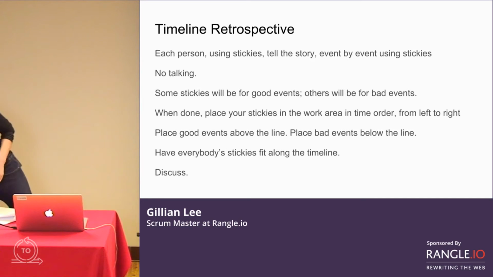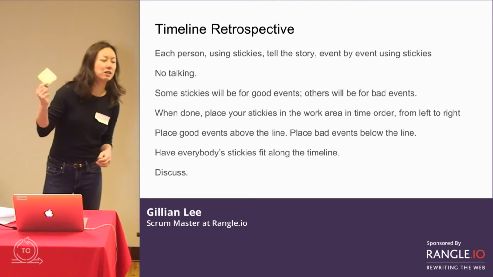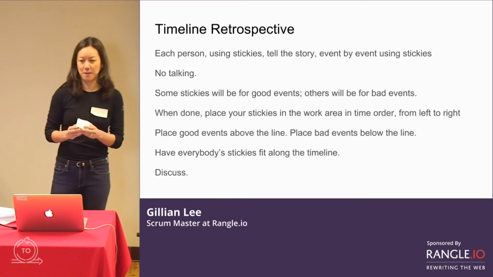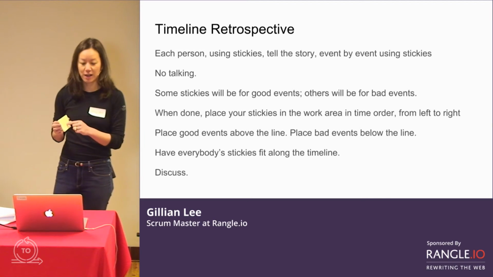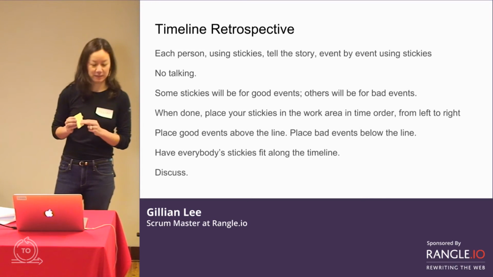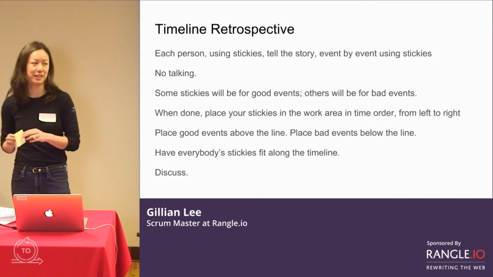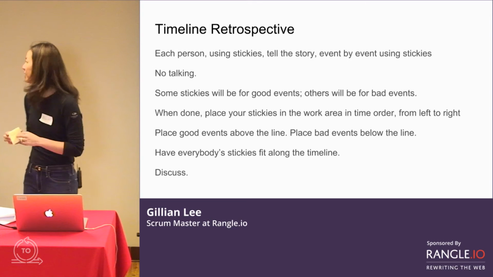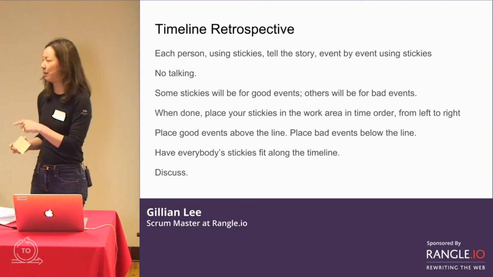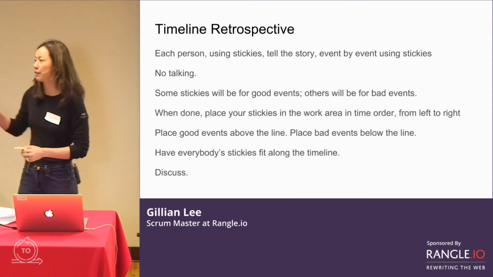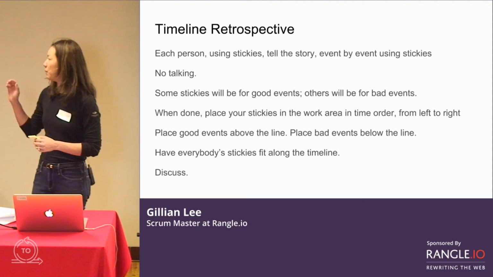Each person's going to use these stickies and tell the events of the story on these stickies, without talking. Some stickies will be for good events, and other stickies will be for bad events. Then we're going to place the stickies on the timeline in your work area from left to right.